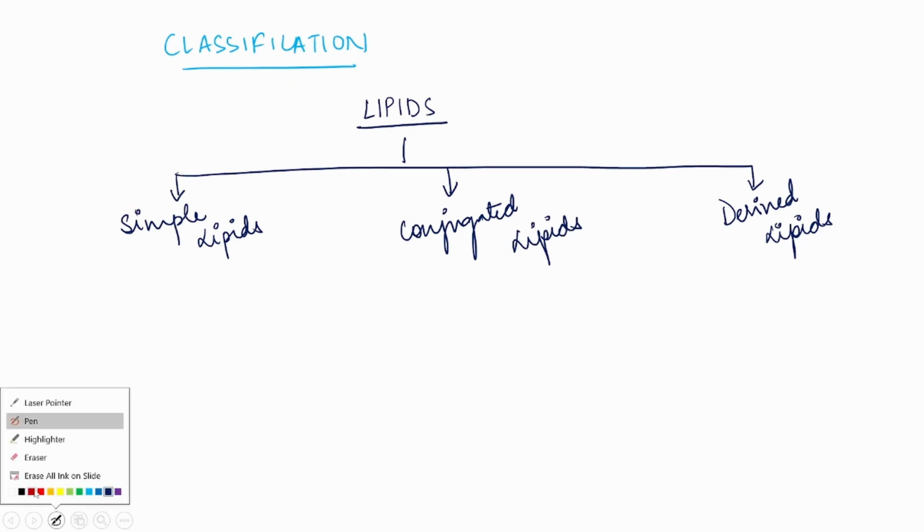If we see simple lipids, what do they consist of?